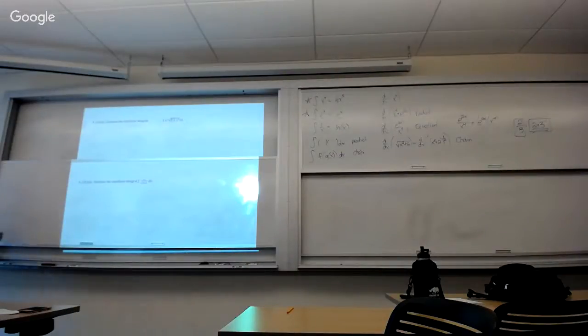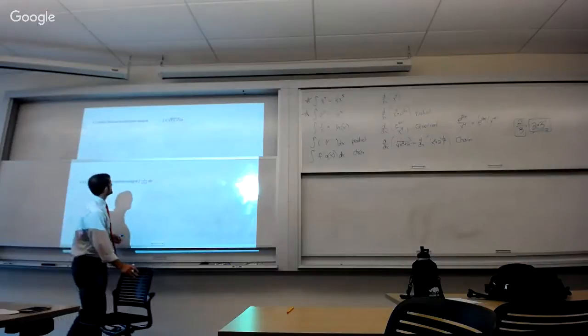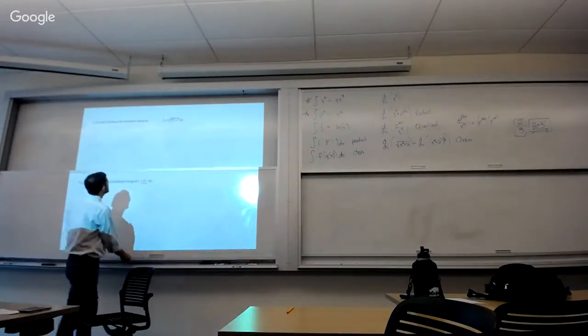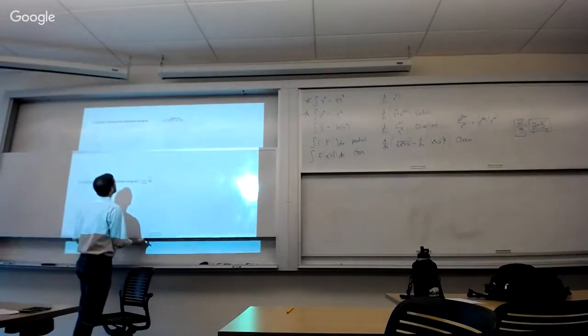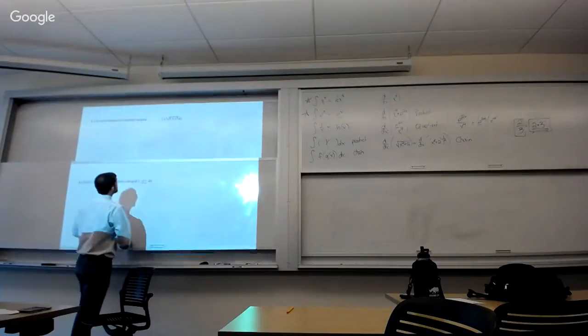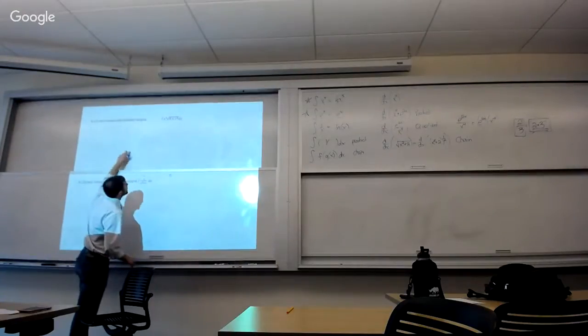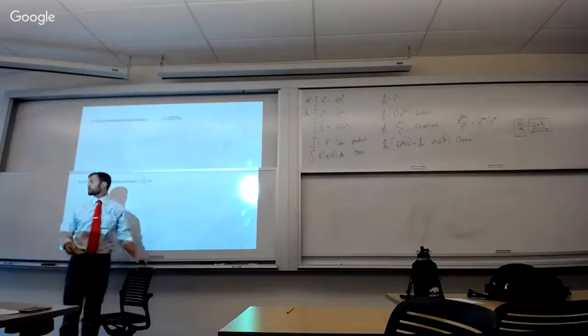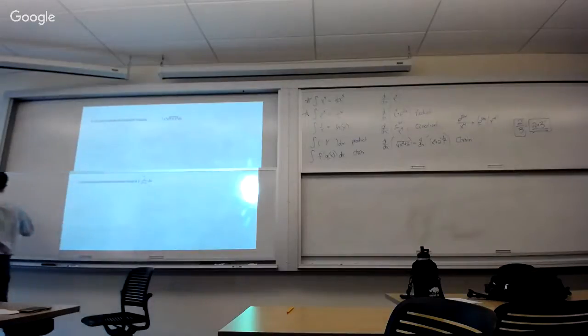Looking at that, which one is the outside function and which one is the inside function? What part of that is the outside function? The square root. Recall, I just erased it, but potential outside functions would be something to a power, or a square root, or e to the something.